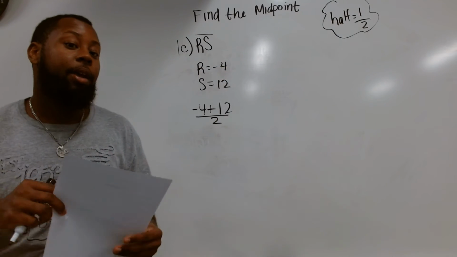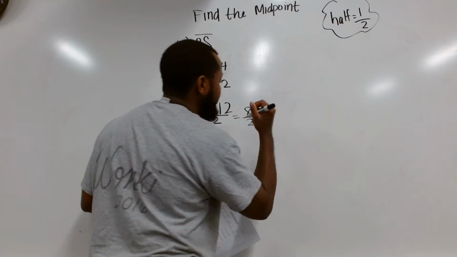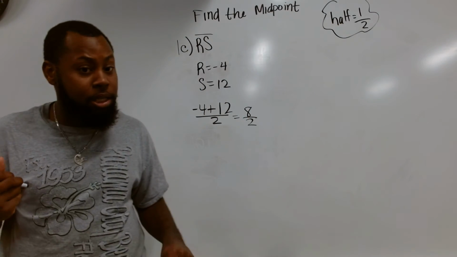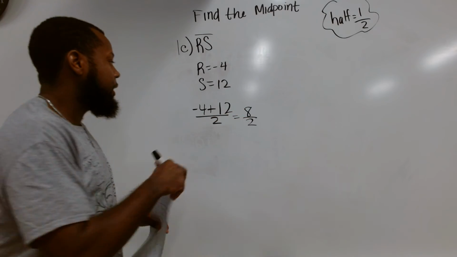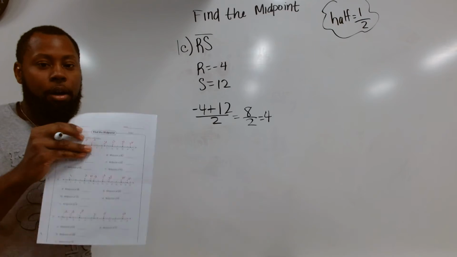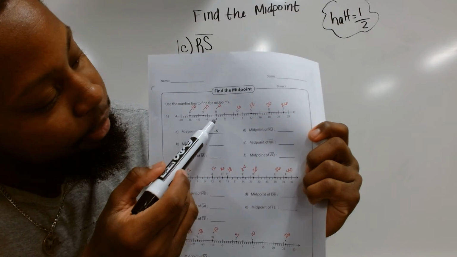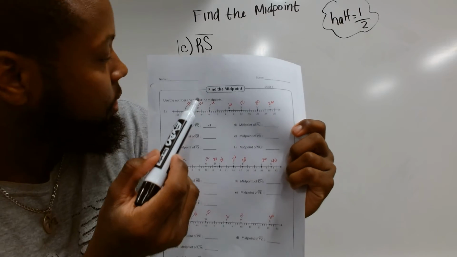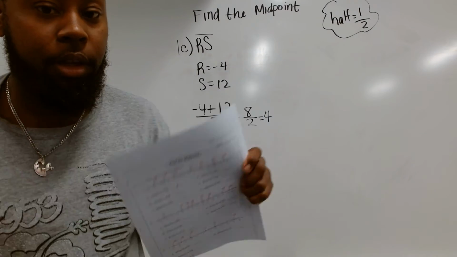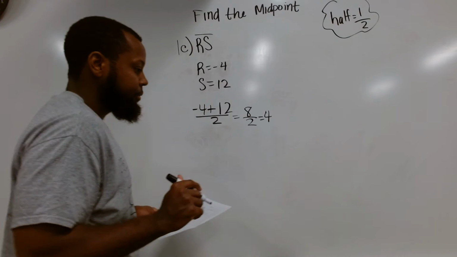That means you have $8 left. And so using our big, bold, beautiful brains, yes ma'am, yes sir, we know 2 can go into 8 4 times. So the midpoint between R and S is 4.